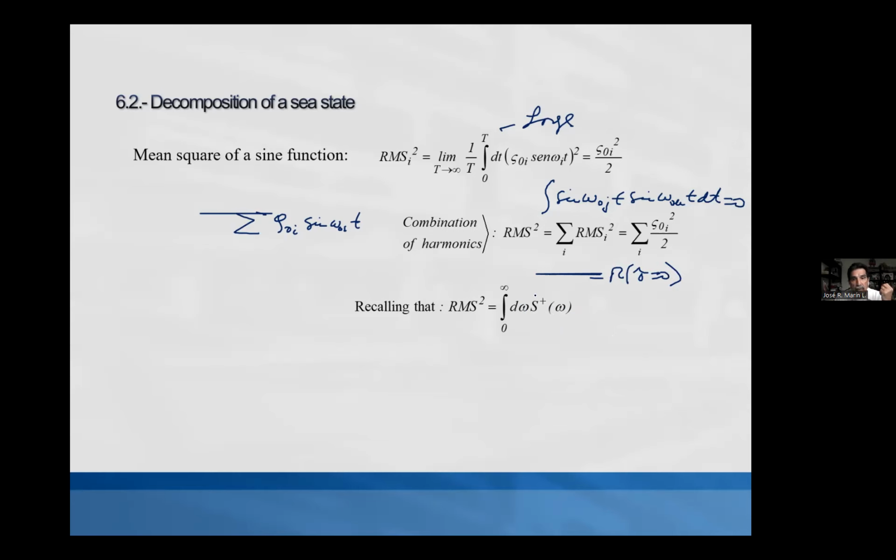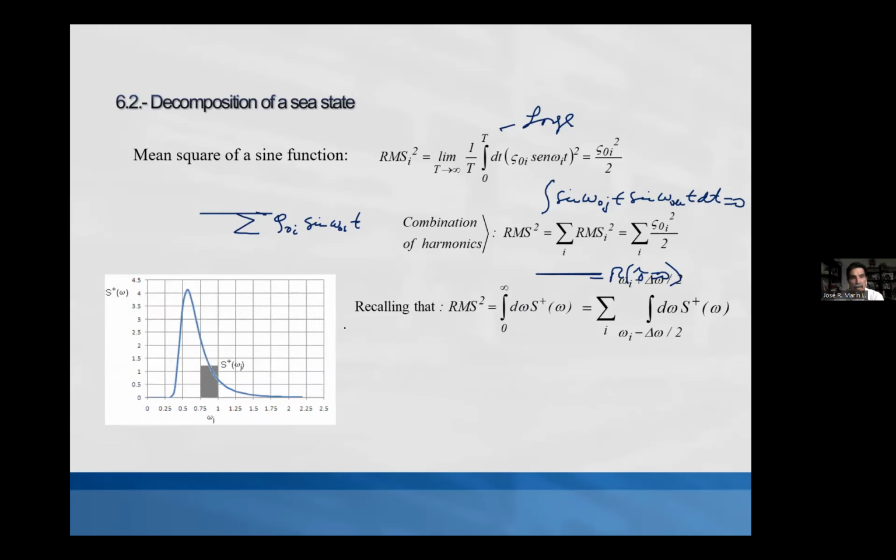Now, what we can do here is, instead of integrating continuously from one end to the other, we can split this integral in pieces.